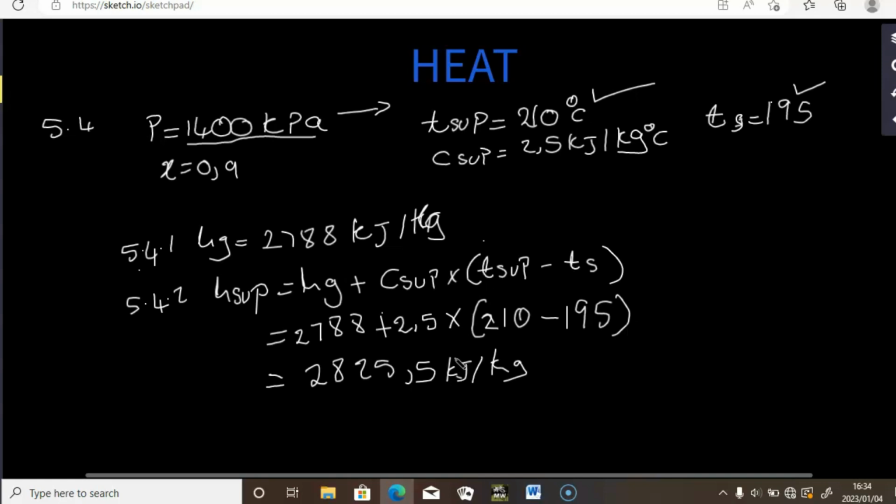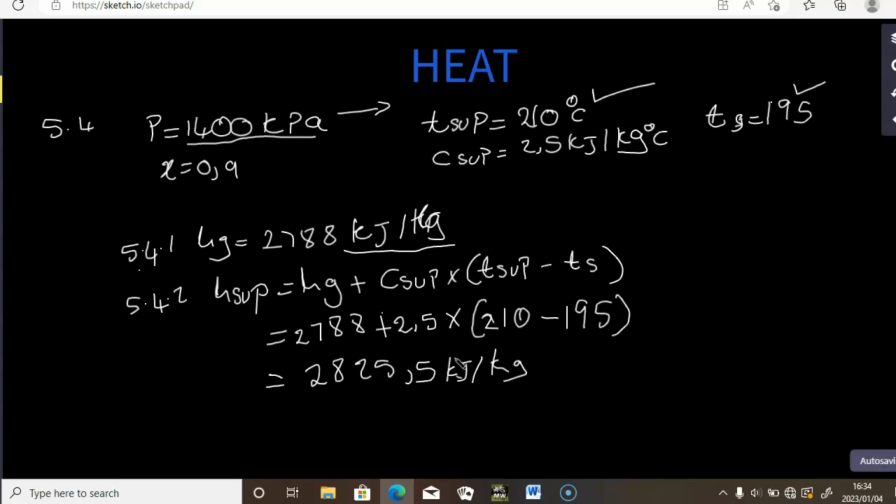Why is this kilojoules per kg? Because the values that we are extracting from the steam table have an SI unit of kilojoules per kg, meaning we are only calculating the heat energy that is needed by 1 kg of water or steam.